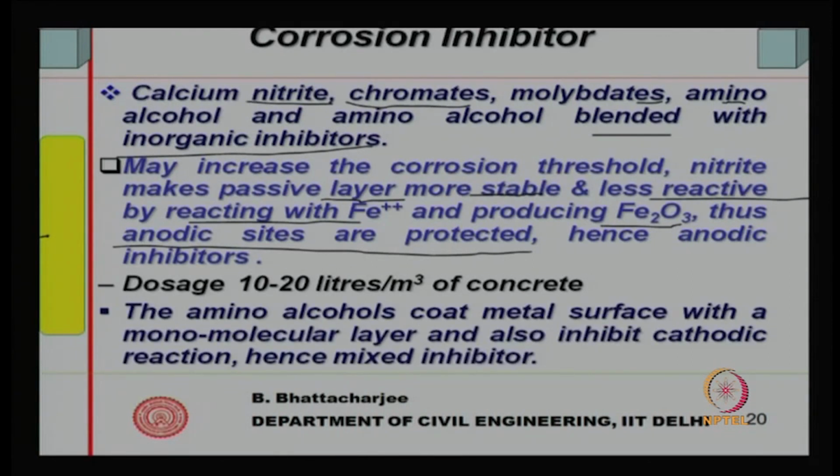Amino alcohols, for example, coat the metal surface with a monomolecular layer and also inhibit the cathodic reaction, hence mixed inhibitor. So, the mixed inhibitor protects both anodic sites and cathodic sites. Rebar corrosion is an electrochemical process, and there are some anodes in the rebar, some cathodes in the rebar.